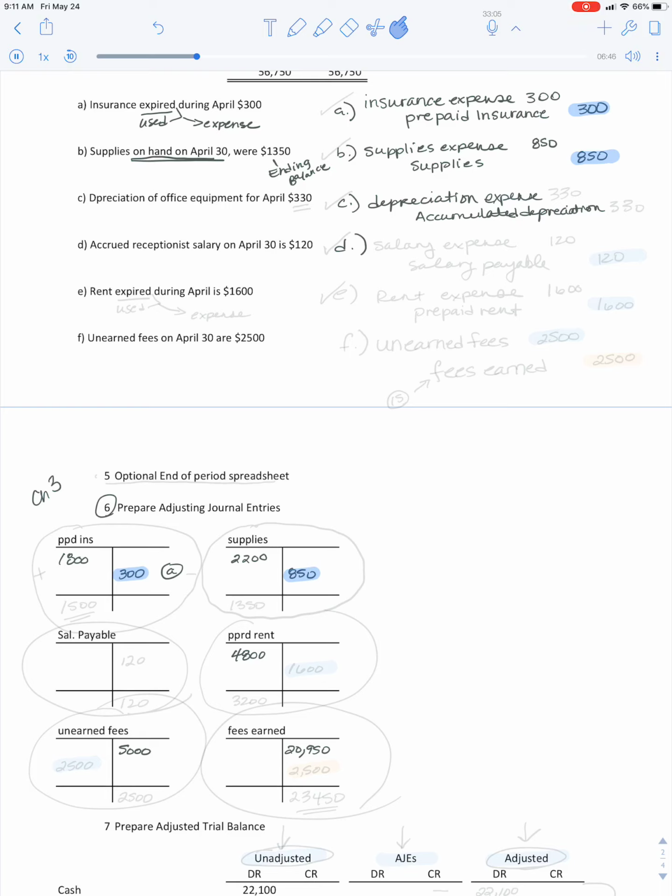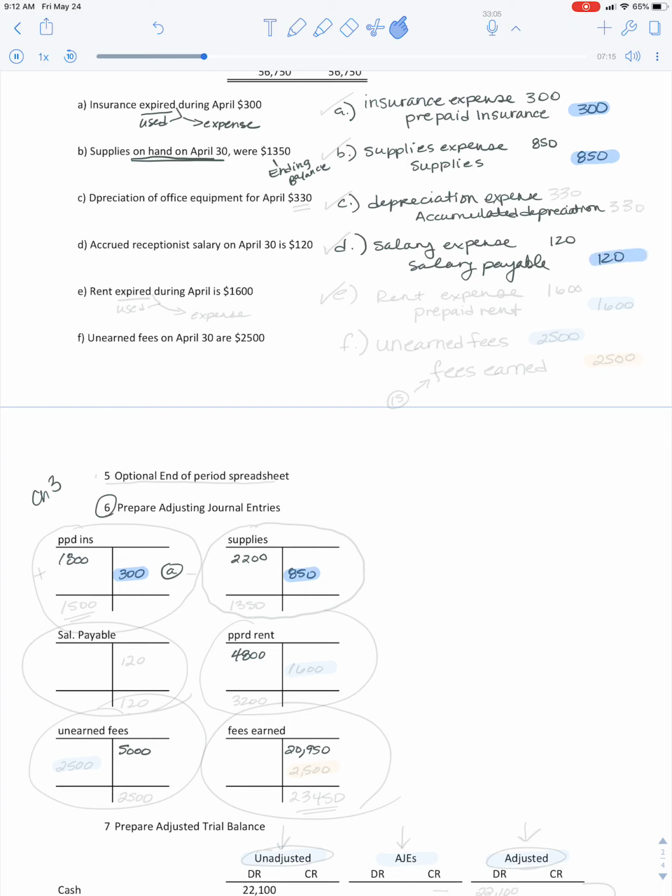So we'll call this salary expense for $120 and salary payable $120. So I'll post that down here. This payable part. We don't have a beginning balance for salary payable, so that's it.